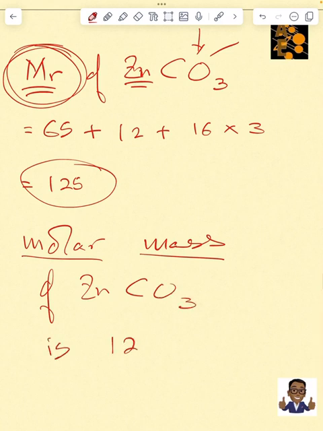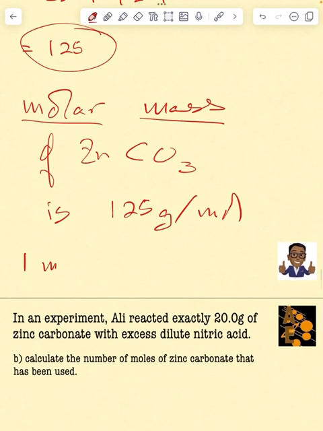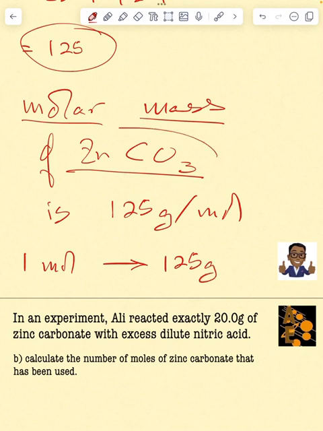In other words, for every 1 mole of zinc carbonate, it will have 125 gram. That's all about it. So the molar mass is 125 gram per mole.